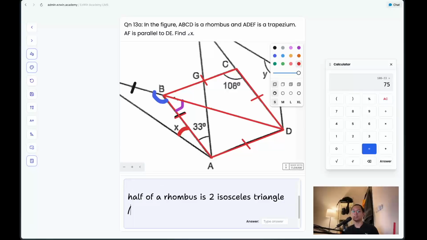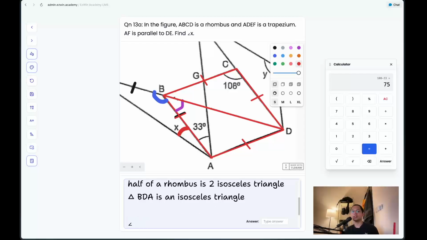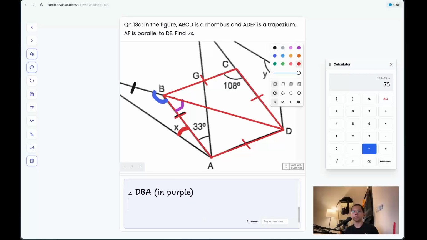So triangle BDA is an isosceles triangle. So to get angle DBA in purple, it's basically 180 minus this green angle, which is BAD, angle BAD, and we need to divide it by 2. Therefore, can we get angle BAD, which is in green?